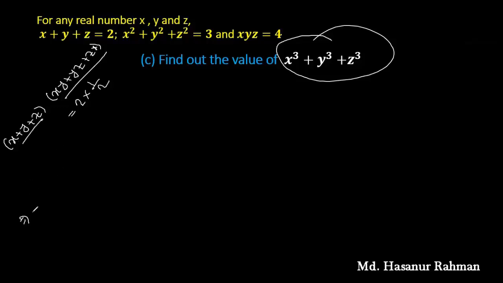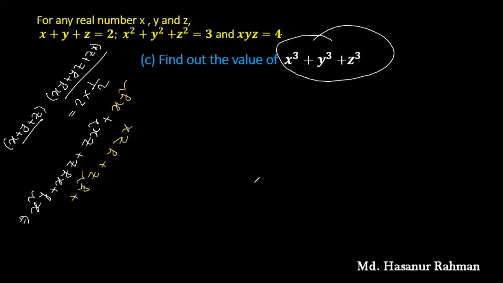Now, if we multiply these two algebraic expressions, what will you get? x into this one, that means x square y plus xyz plus zx square. Next, if we multiply y by this one, then we'll get xy square plus y square z plus yzx, that means xyz.